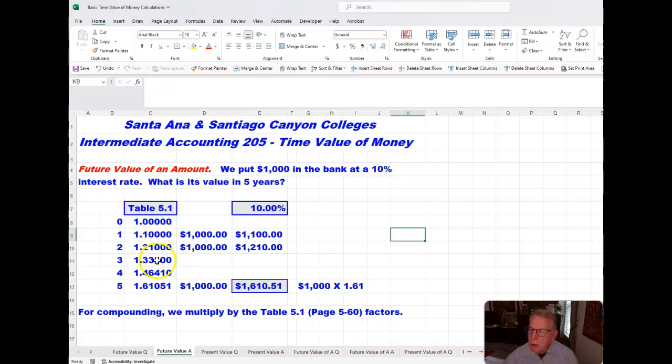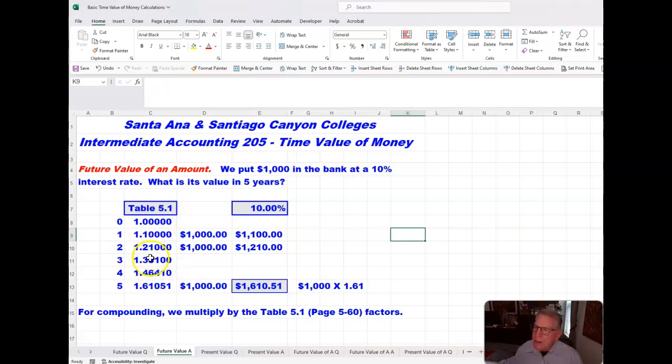How did we get those values? I'm going to look in the 10% column, and it actually is on page 5-61, and you'll see that the first 5 items on that page, as I look over at my book, are these calculations.